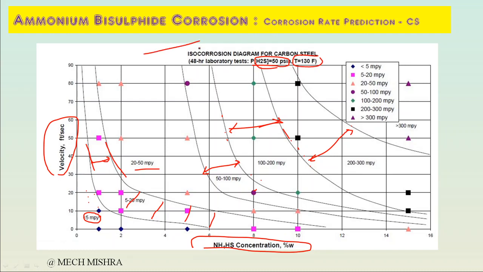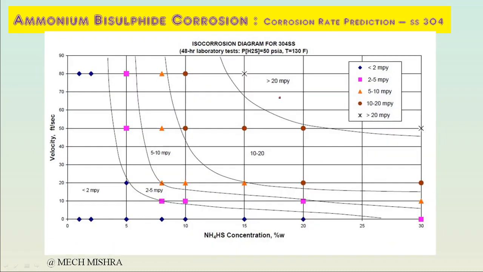Okay, now coming to SS304. This is also an iso-corrosion curve. Here, up to 5 concentration and 20 feet per second, you can see the corrosion rate will be less than 2 mpy. So this shows better corrosion resistance than carbon steel.